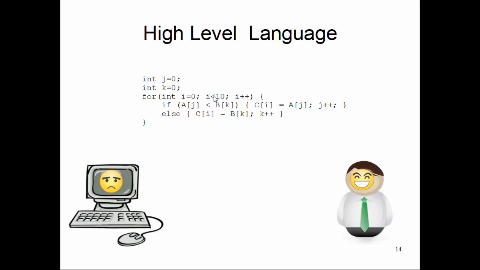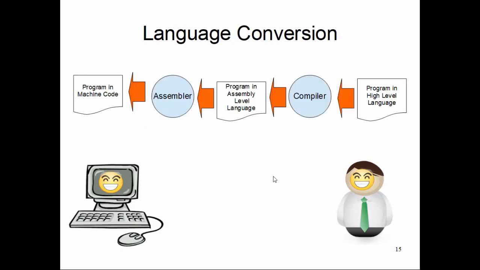Now the point becomes how this program can be written for this guy, which understands only 0 and 1, right? That's an interesting problem. So there comes the language conversion.